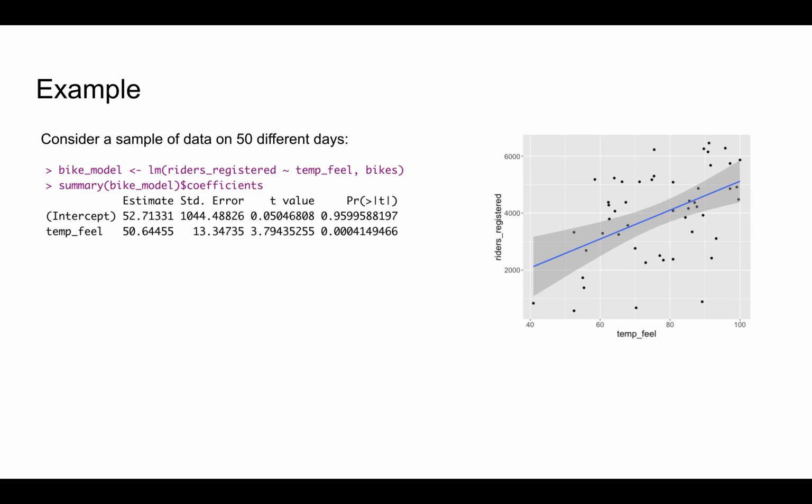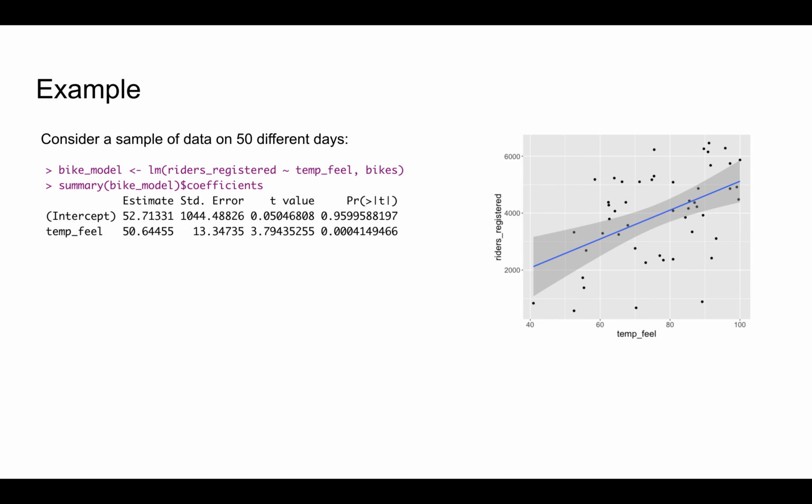Instead, to make inferences about this relationship, we take a sample of data on 50 different days. Notice that the confidence bands around our estimated trend don't include a zero-slope line, indicating significant evidence that ridership does indeed tend to increase in warmer weather.